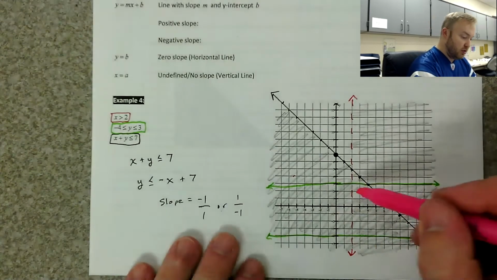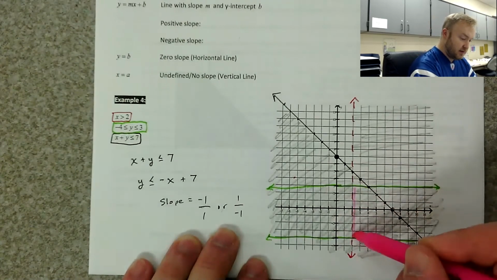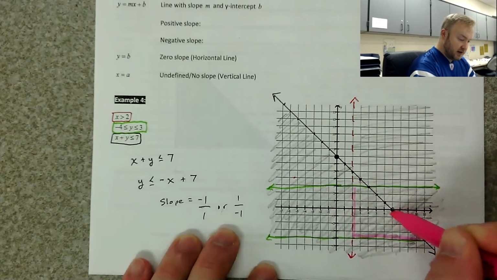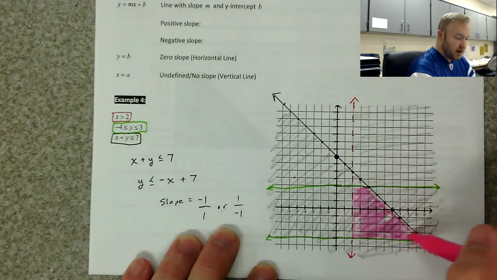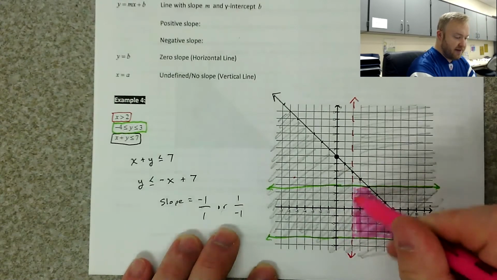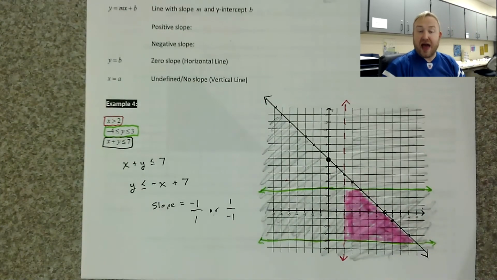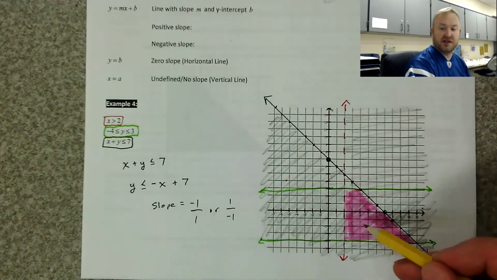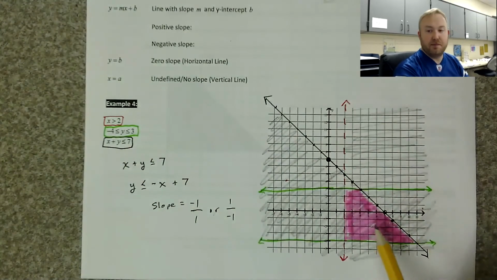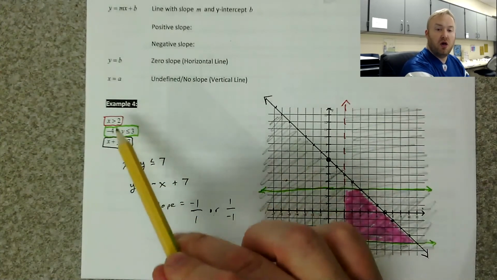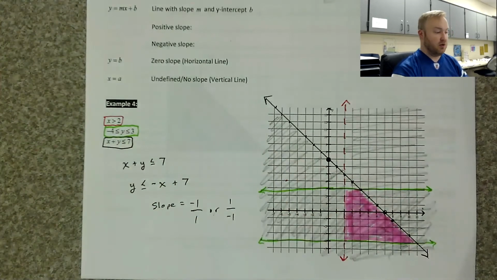You should notice that it is this area in between. It's kind of this enclosed area here. So I'm going to make sure that it's really evident on my graph that that area is my solution area. That area represents the solution to this system. Every point in this region is a solution to all 3 of these inequalities.